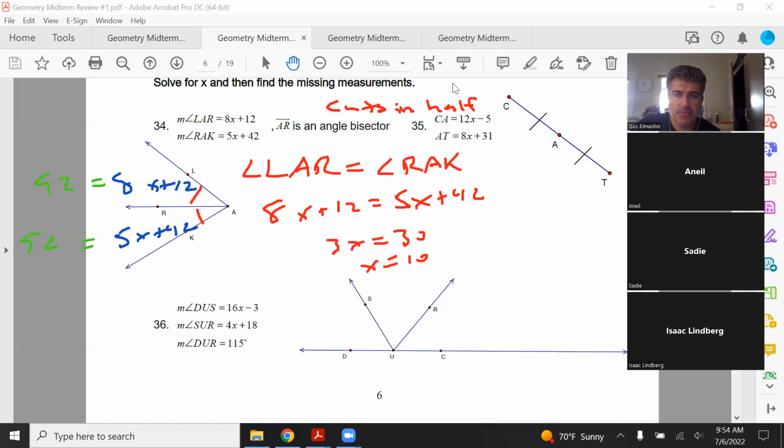So you guys will now do 35. Remember, this means the same. So CA equals AT. I kind of gave it away. And here, DUS is right here. SUR is right here.